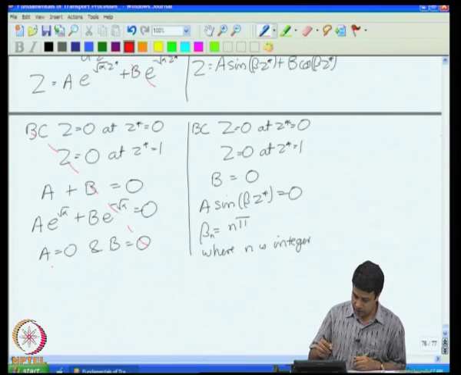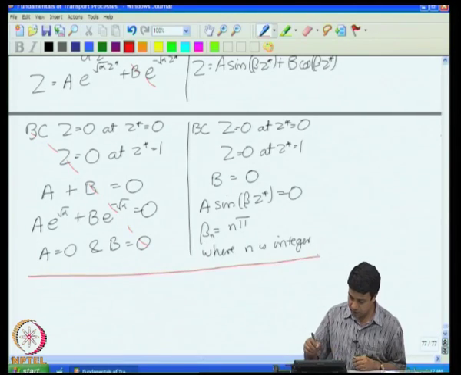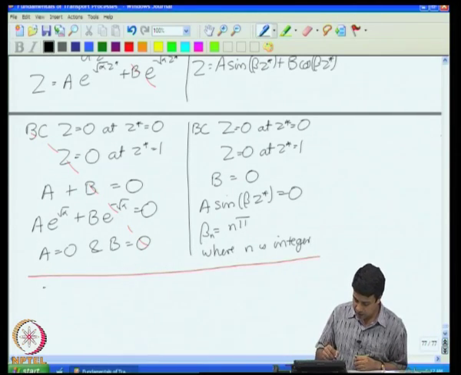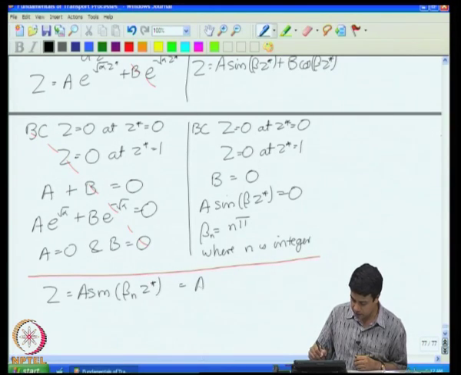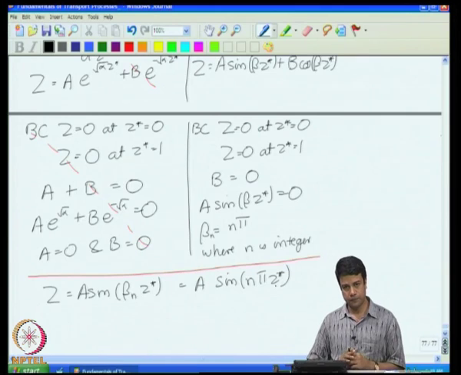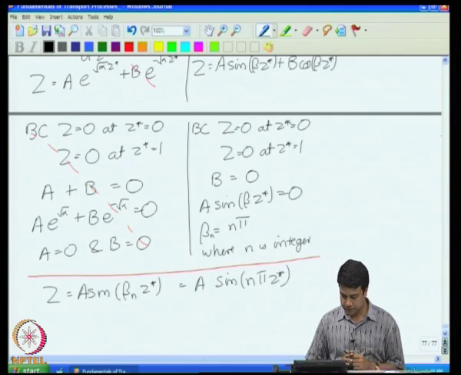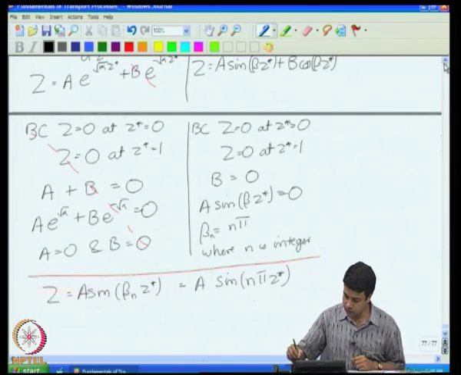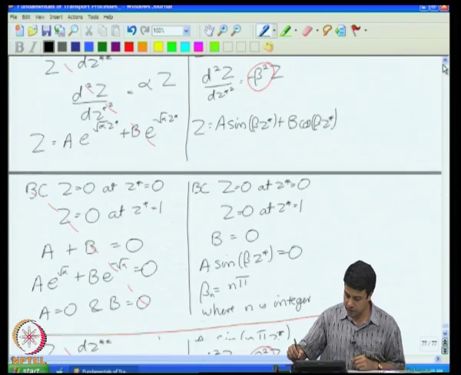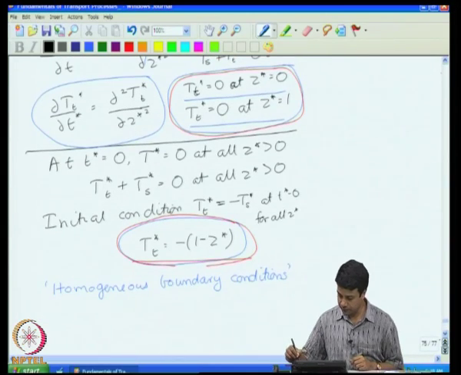So, the solution for the case where beta has a specific value is Z is equal to a sine beta n z star, which is equal to a sine of n pi z star. What about the other part of the equation, which was the variation in time?